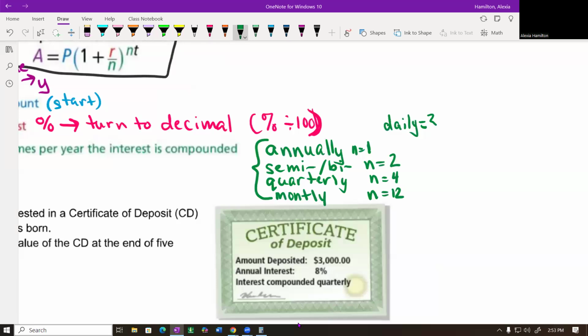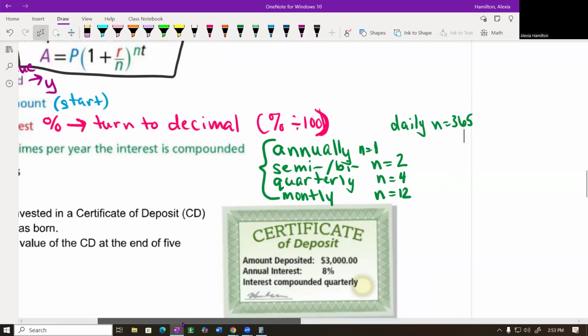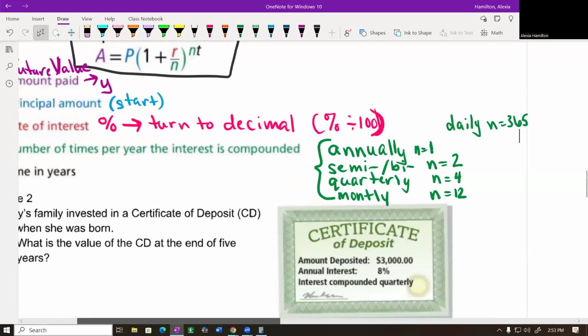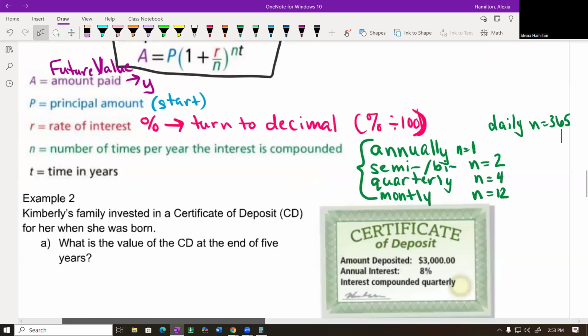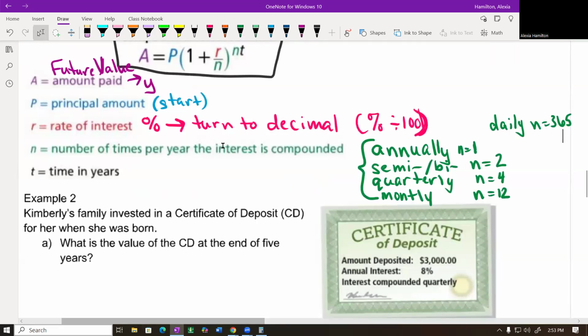And if you do that, then your N value is 365. I know leap years exist, which would mean there would be 366 days in that particular year. But for this formula specifically, if we talk about getting your interest daily, we are using 365 for the N value. Okay, so those are the 5 main ones that we use for this formula.